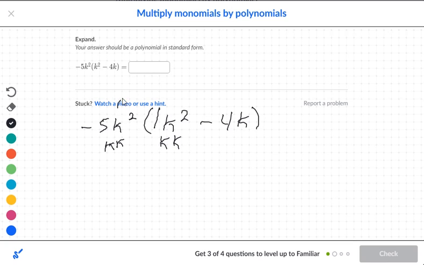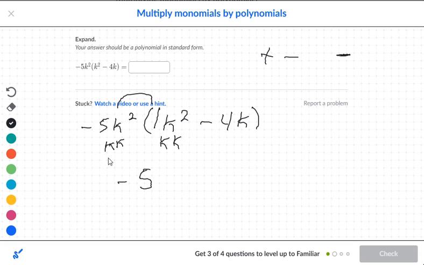I'll put a 1 here. So negative 5 times 1. Again, we have the same situation as before. A positive times a negative is a negative. When I see a single negative sign, when I multiply or even divide, it's negative. If I have 2 negative signs, it's positive. So this is a negative 5.